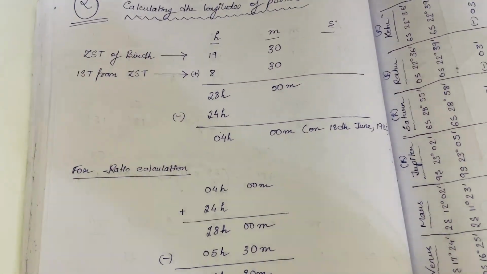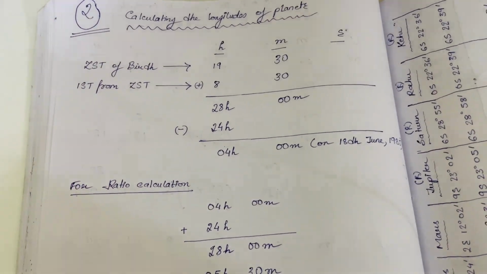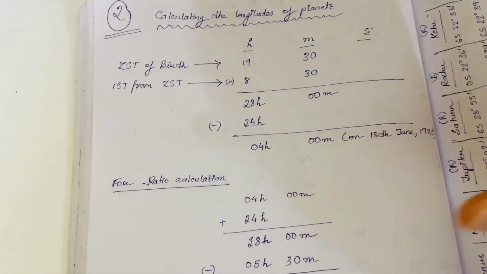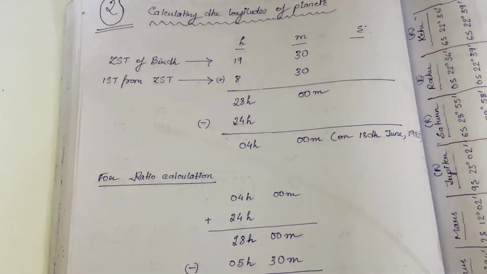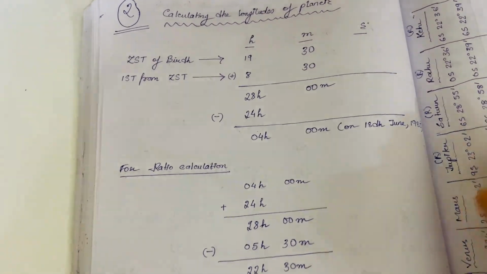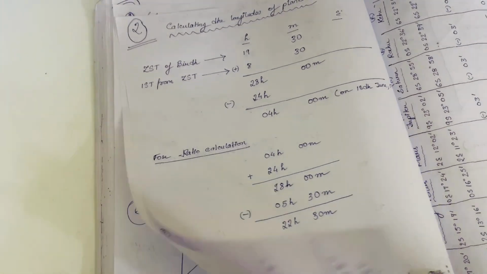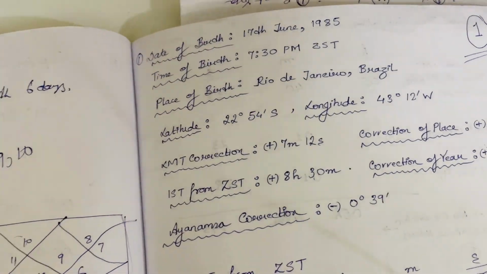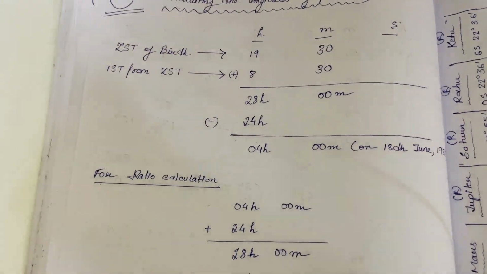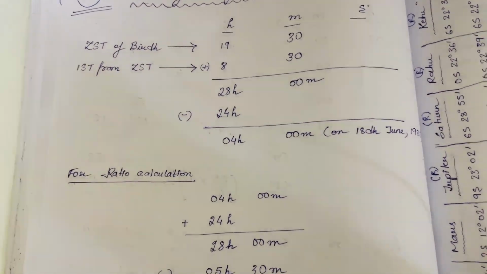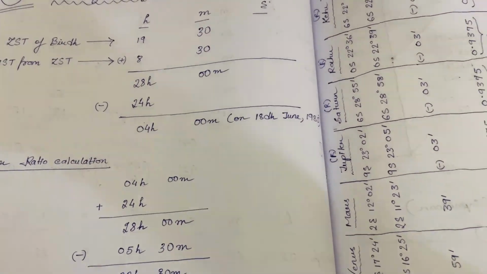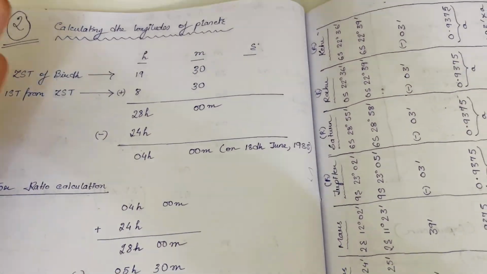What this calculation means is that if the person is born in Rio de Janeiro, Brazil, on 17th of June 1985 at 7:30 p.m. ZST, then in IST it was 4 o'clock in the morning, but on the 18th, because it has moved one day ahead.